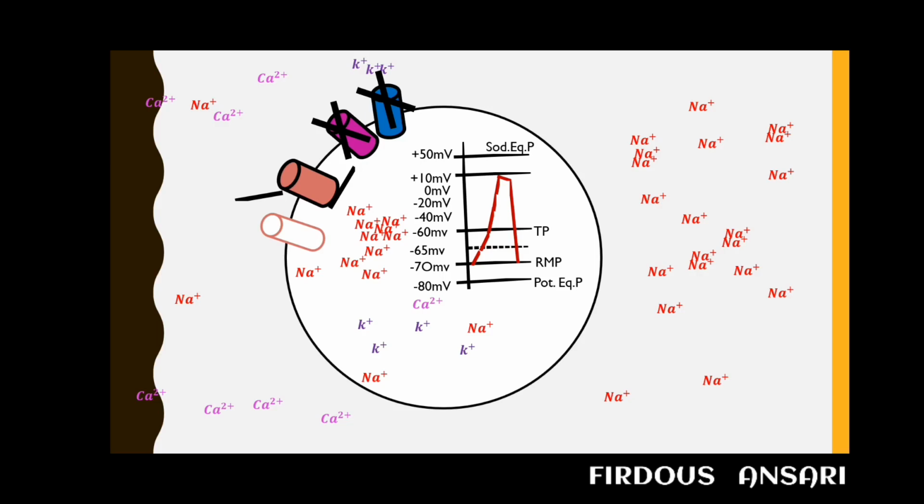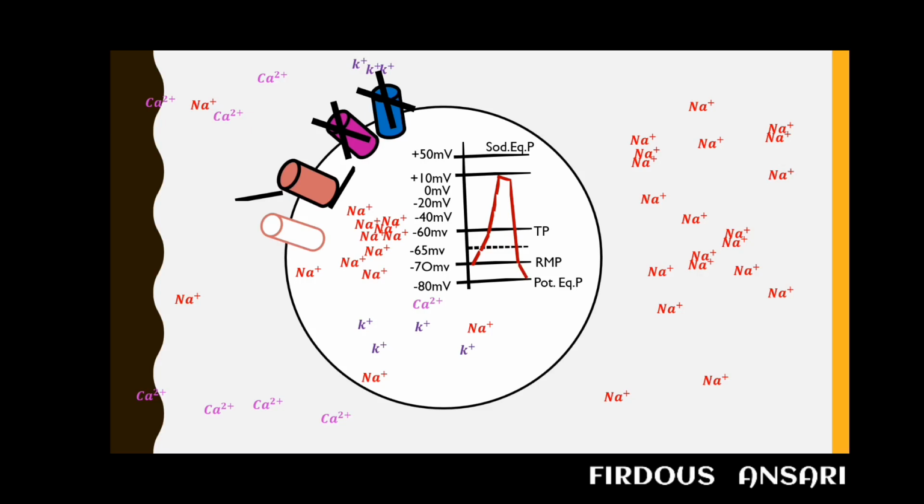Now one more important thing that you should know is that sometimes overshoot happens. Ordinarily the potassium channel should get closed as soon as the resting membrane potential has been attained, but sometimes overshoot takes place. Overshoot means even after approaching the resting membrane potential, there is still an outflux of potassium ions until the potassium equilibrium potential has been attained.